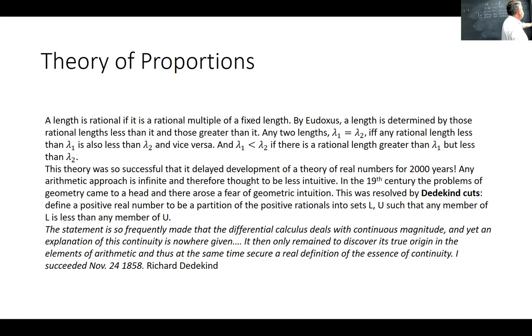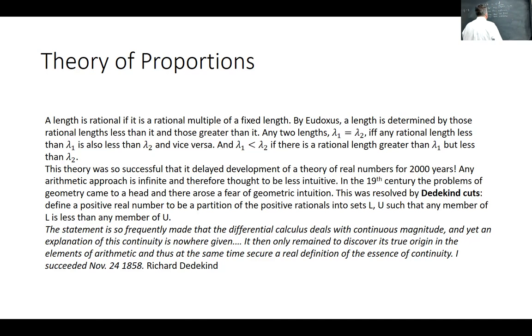So what a Dedekind cut is: you define a positive real number to be a partition of the positive rationals into sets L and U, such that any member of L is less than a member of U. So it's kind of like you take the positive rationals and you make a cut, you divide it into two, and that cut then is the real number.